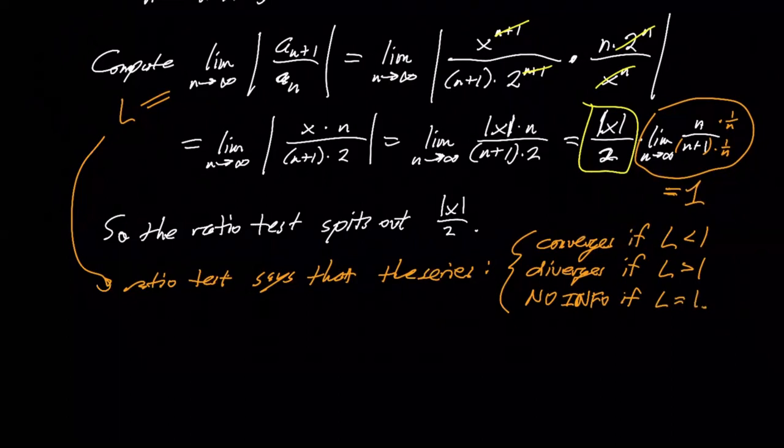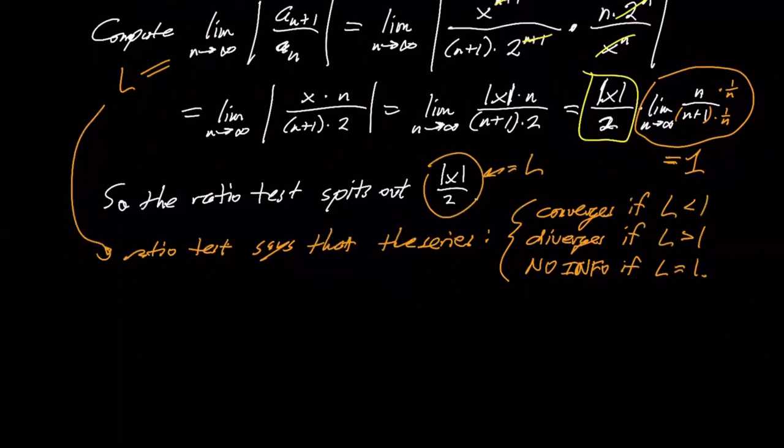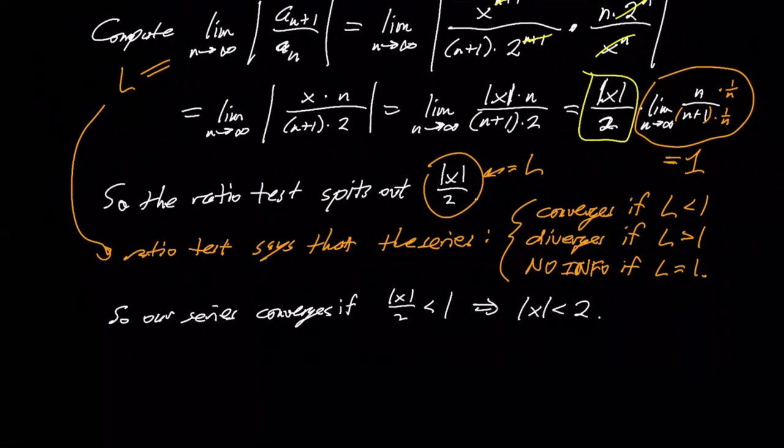But here our L is this absolute value of x over 2. That is our L. That's what the ratio test spit out. And so the series that we started with converges if the absolute value of x over 2 is less than 1, which really means that the absolute value of x is less than 2, right? We can double both sides of that.